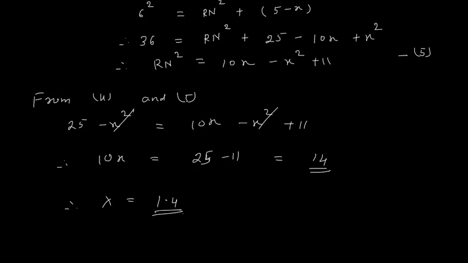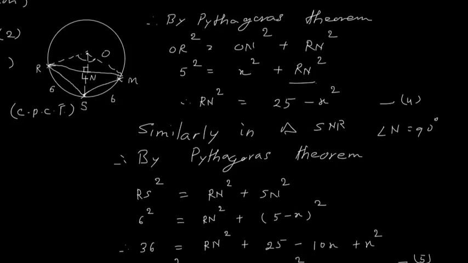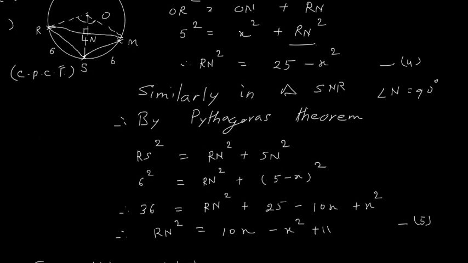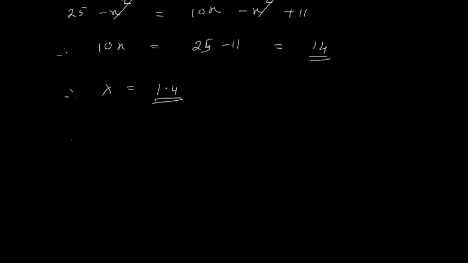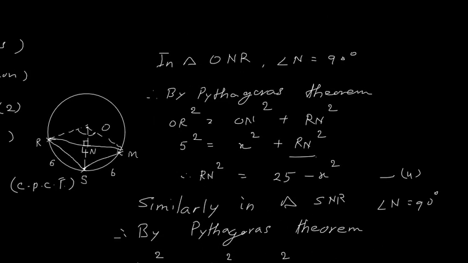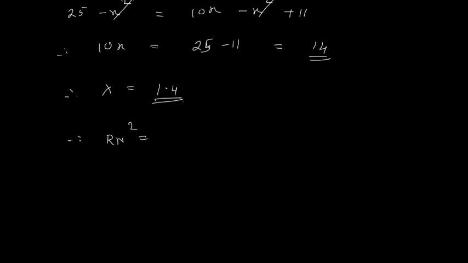Now I got the value of x, and I want the value of Rm. So for that I will first find Rn. Rn square is equal to 5 square minus x square, which is 25 minus x square.